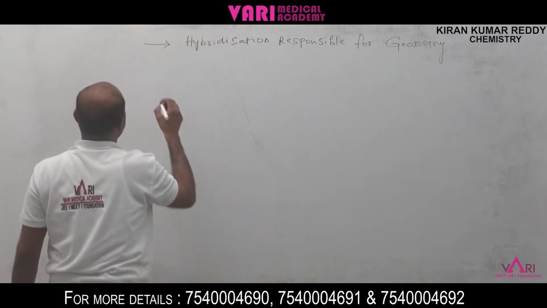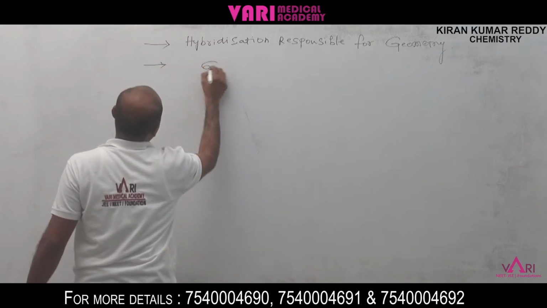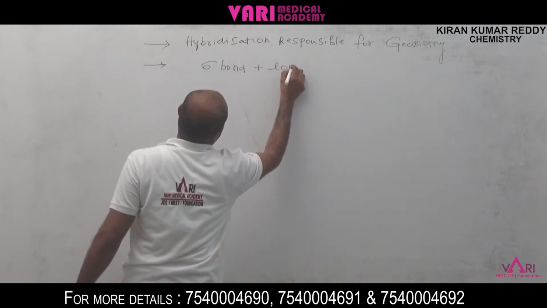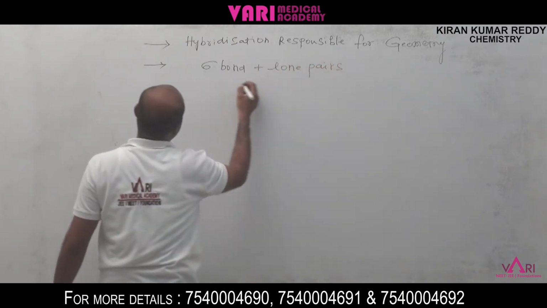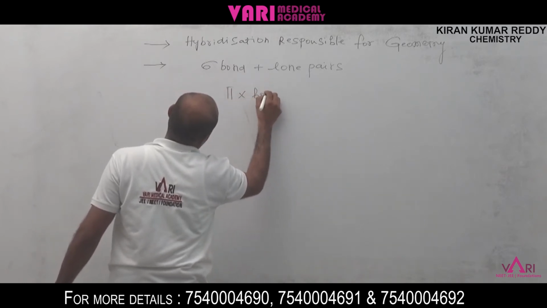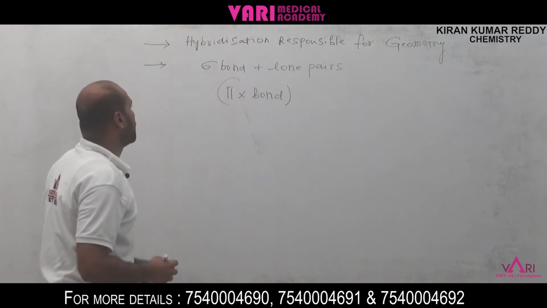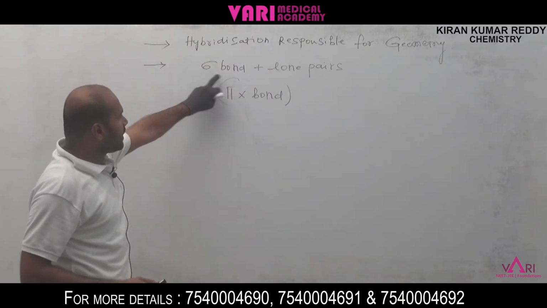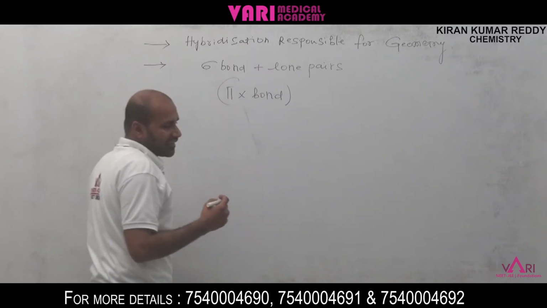Next, hybridization explains only sigma bonds plus lone pairs. There is no explanation about pi bonds. Hybridization does not explain pi bonds; it is responsible only for sigma bonds and lone pairs. Who are involved in hybridization?